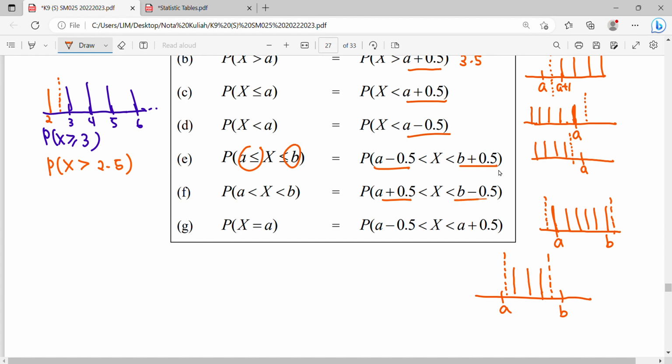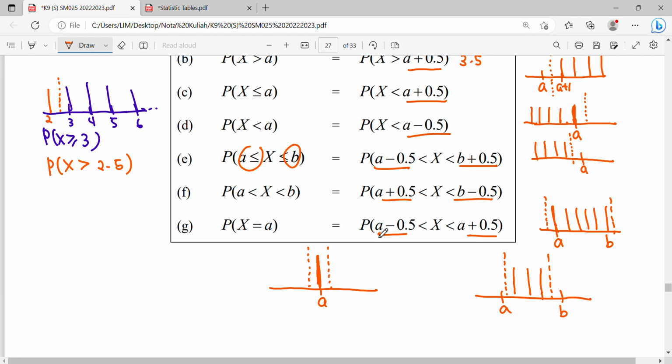Before B, we minus 0.5. So when you have exactly value here, satu saja, X equals to A, satu saja. Boundary kita sebelum A dan selepas A. So A will be minus 0.5, A will be plus 0.5. Okay.